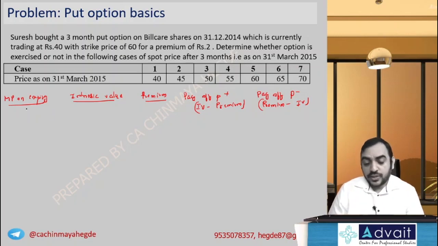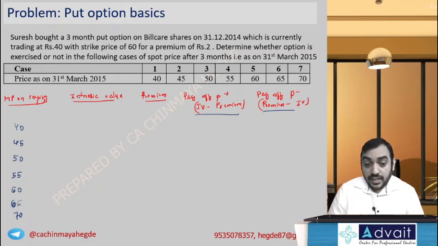Okay, so now market price on expiry, starting from 40 going till 70. So 40, 45, 50, 55, 60, 65, 70.